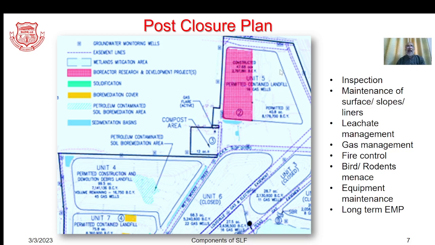As we wish to have this plan developed in order to manage the environment for 30 to 50 years, next we will be using this post-closure plan for the inspection and maintenance of the surfaces and slopes, to manage the leachates, gas and the other things the way we discussed on the previous slide.